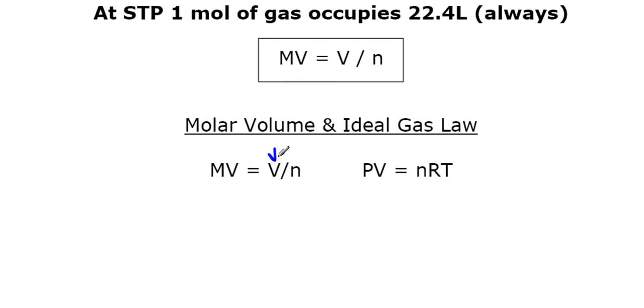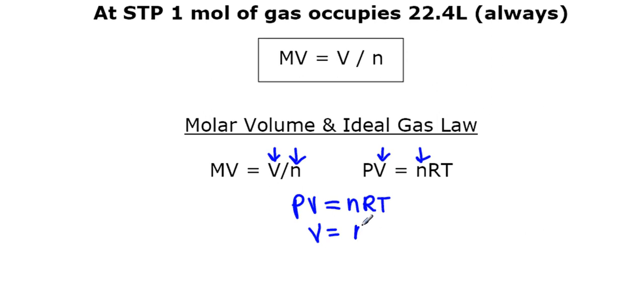So you can see volume and moles are present in both formulas. So what we're going to do is start to manipulate our ideal gas law. I'm going to try and get volume divided by moles over here on my left-hand side of the equation. So volume's already here in the numerator where I want it. So I'm going to move my pressure to the other side.